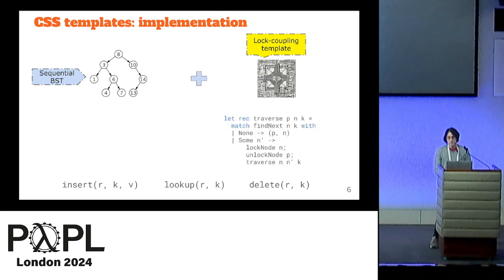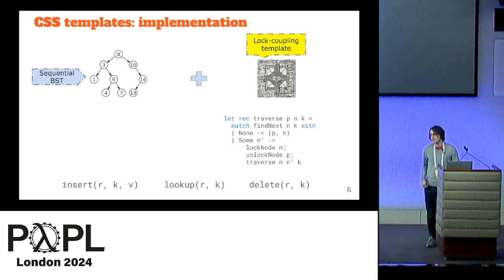Specifically, you need to start by implementing a function called traverse. This traverse function is the core of the concurrency template. It describes the concurrency pattern that you're going to use in the data structure, and all three of these top-level functions, insert, lookup, and delete, need to be implemented by calling traverse.